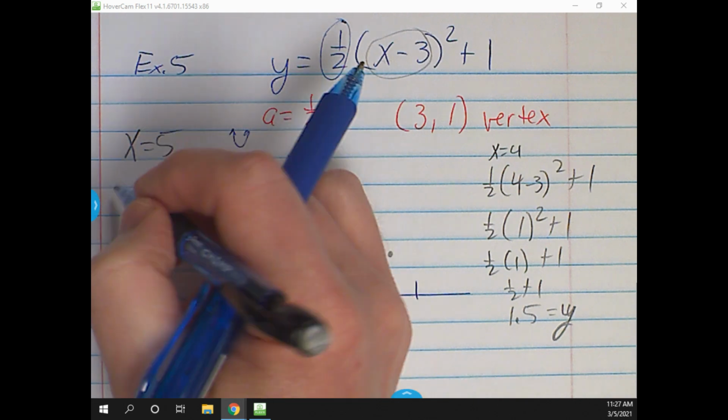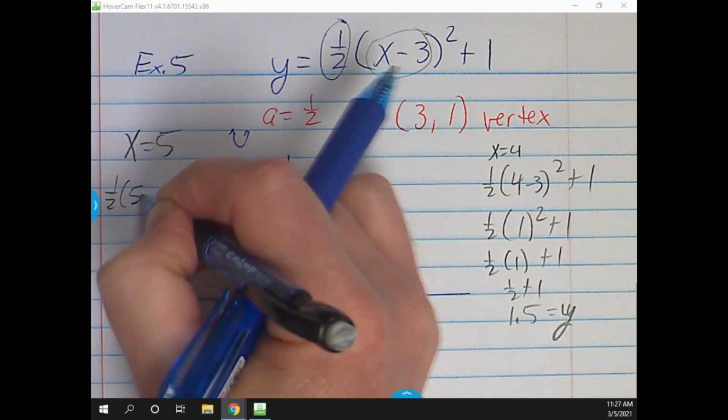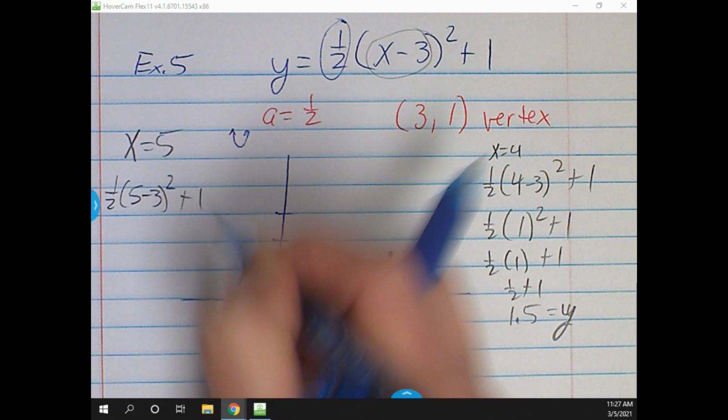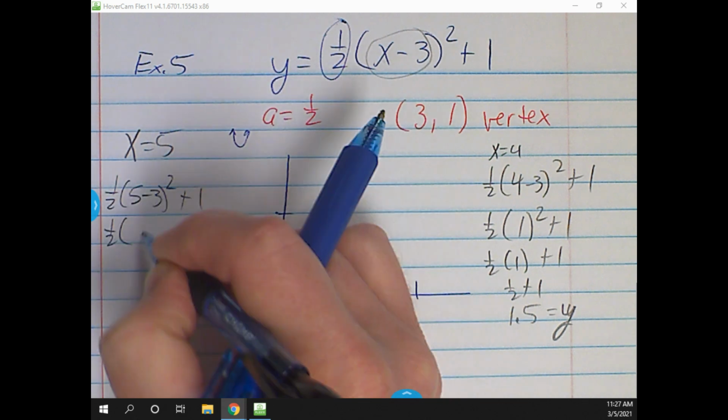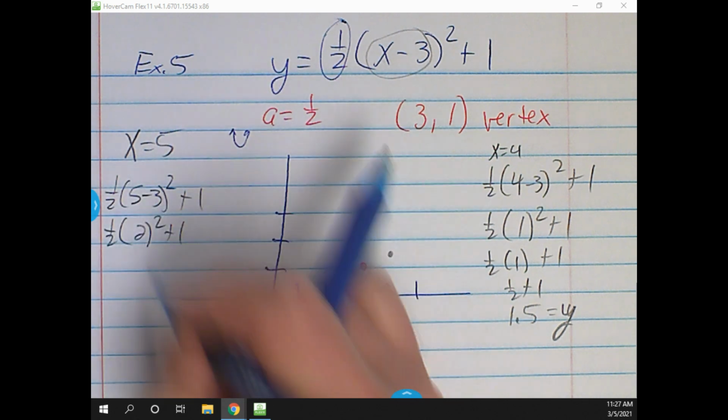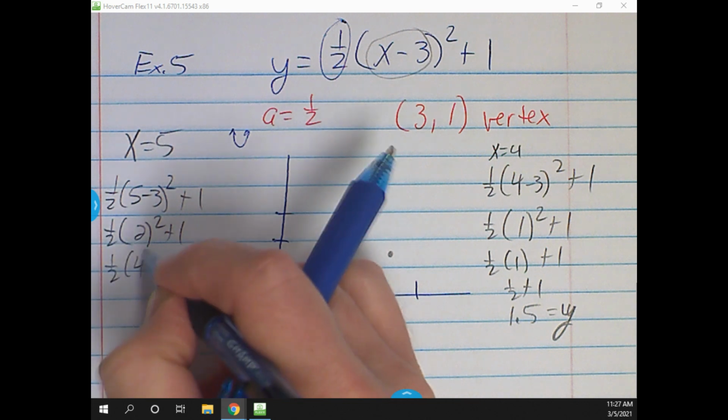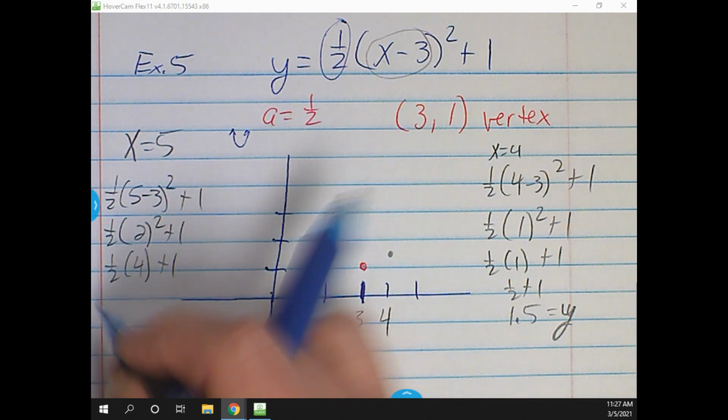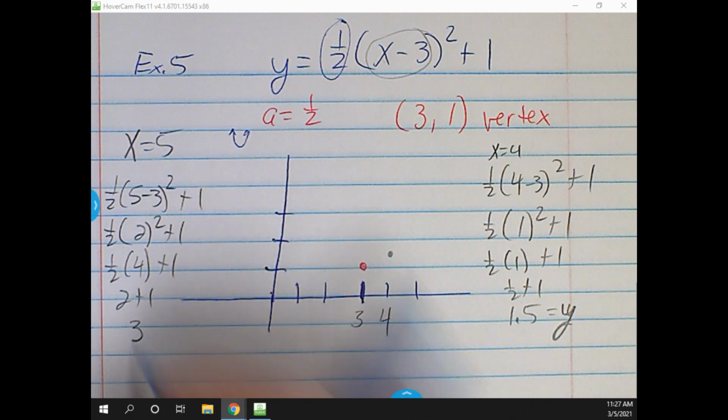Because if we plug in 5, that's 5 minus 3 squared plus 1. 5 minus 3 is 2. 2 squared is 4. Half of 4 is 2, and then 2 plus 1 is 3.